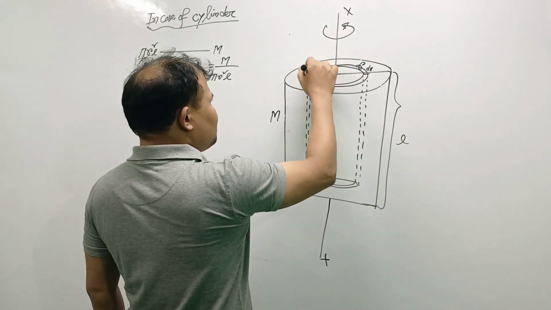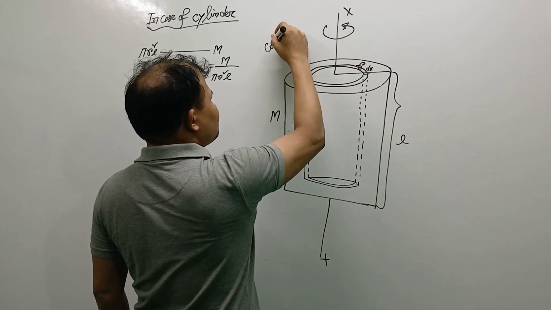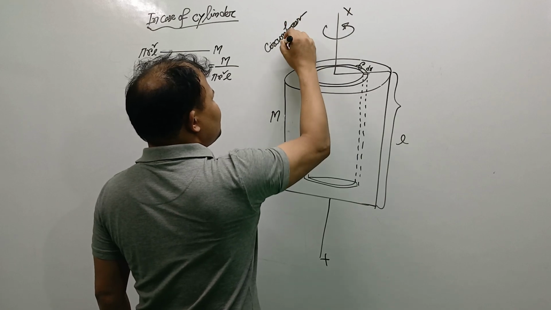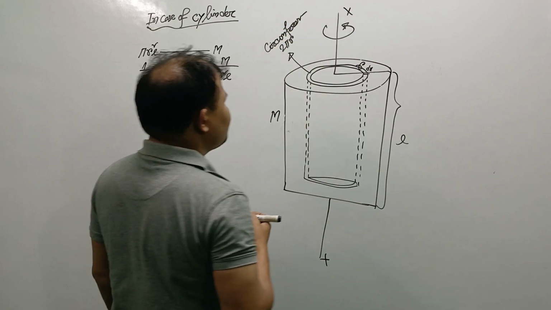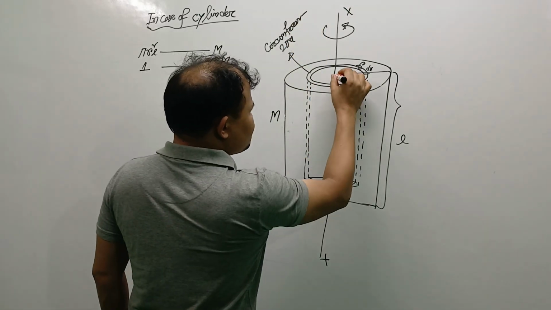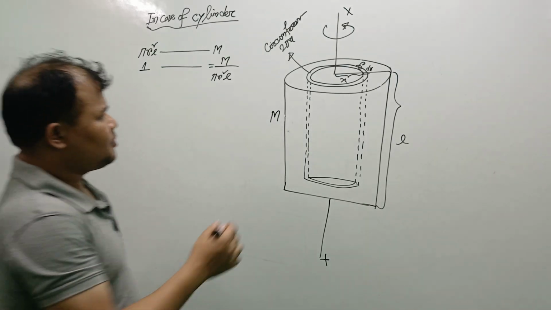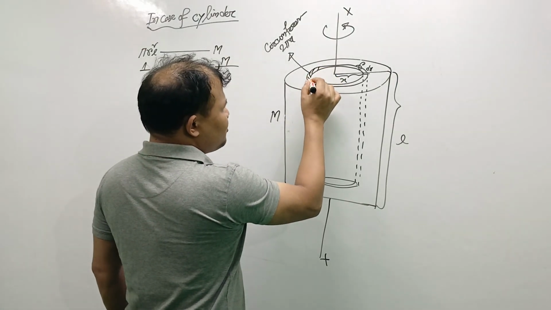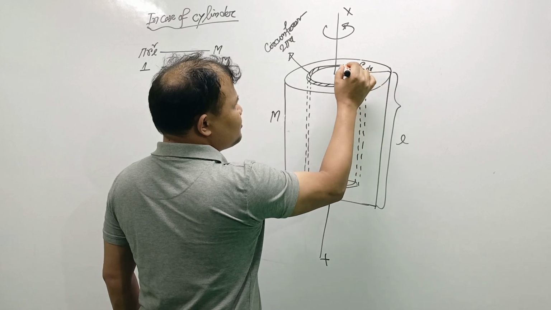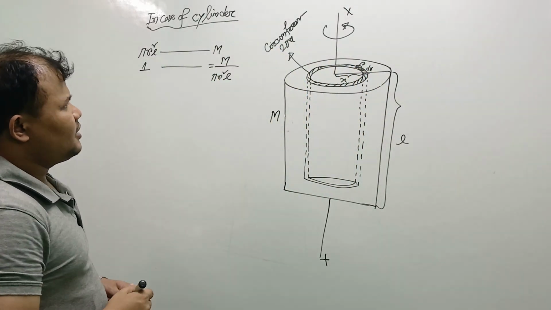We learned in our previous lecture that the circumference will be twice pi x, because this distance is x. If the radius of this cross sectional area is x, then the circumference will be twice pi x.